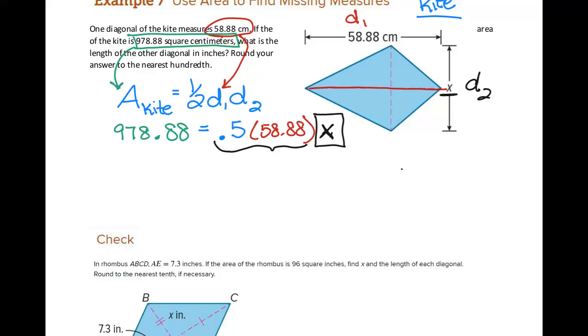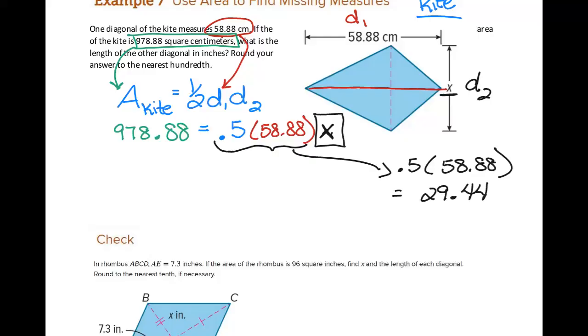So on your calculators, find what is 0.5 times 58.88. What do you get for an answer? You guys have the calculators in hand. What is 0.5 times 58.88? Okay, thank you. 29.44. So you multiply those together so you know what to divide by, because right now everything's being multiplied.